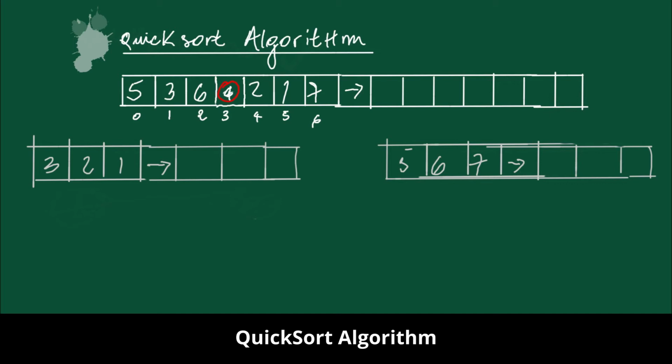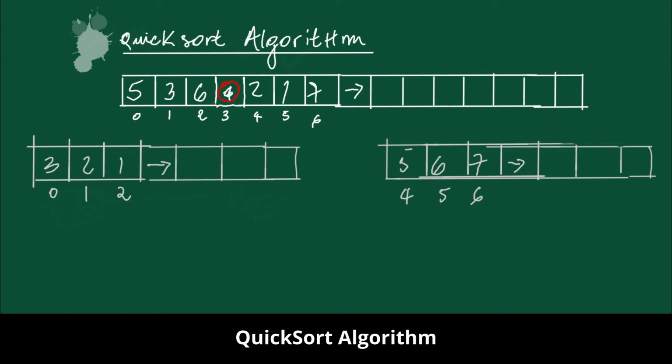The index that we have here is 0, index 1, and index 2. And here the index that we have is index 4, index 5, and index 6.